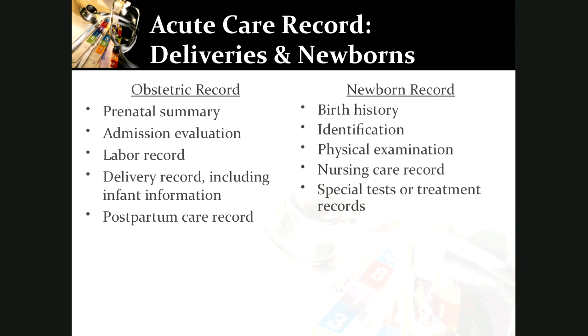Now in the newborn record, you're going to see the birth history and what happened there. And you see birth history can be looking at that delivery record, including the infant information from the obstetric record, right? You're going to have the identification of the baby, and the mother and the baby's records always have copies there so that they can keep mothers and babies matched up to the correct ones, right?